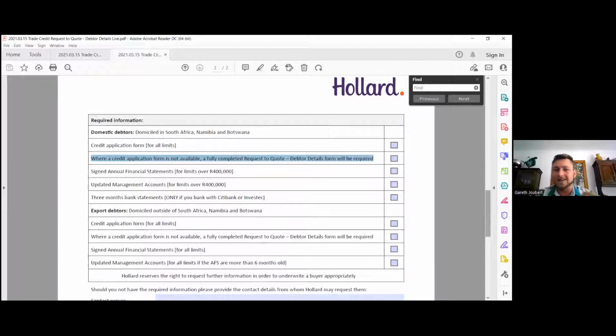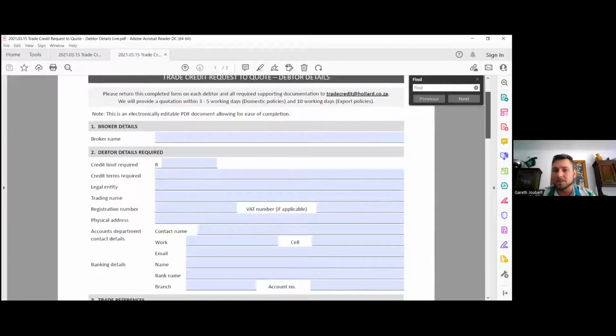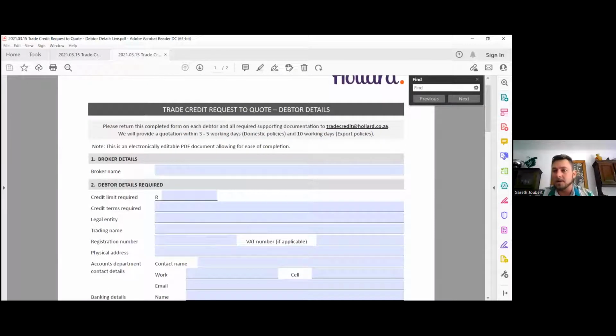But if your client doesn't have a credit application form, then we would need this form completed on the details of the buyer, not your policy holder. It's the risk that we're looking at here. As it says here, it takes us 3 to 5 working days to come back with a result on a domestic policy.